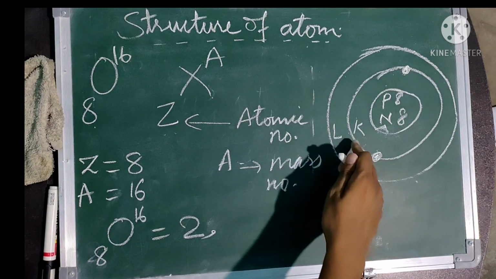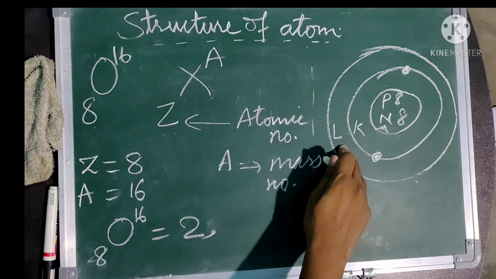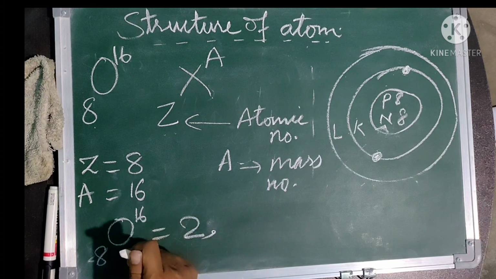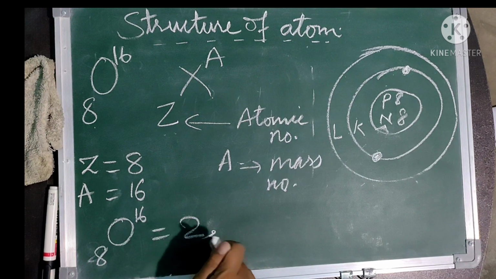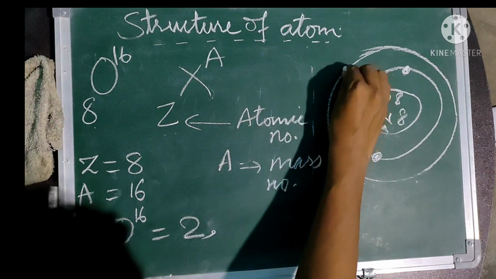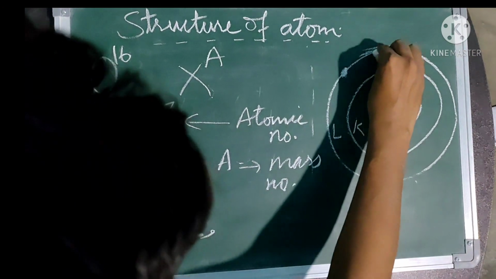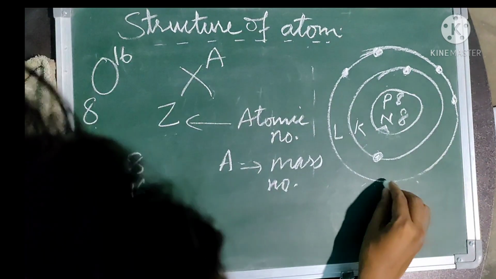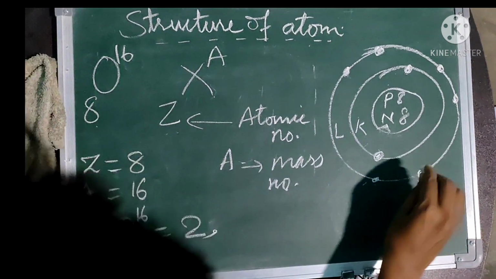The higher shell is the L shell or the second shell. In this shell we have to accommodate the remaining 6 electrons, because 2 plus 6 becomes 8. So we have to accommodate the remaining 6 electrons in the second shell this way.